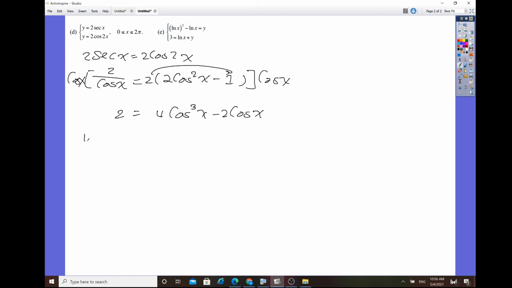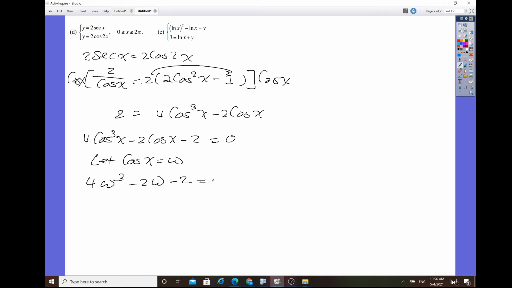Then bring everything together, so we have 4 cosine cubed x minus 2 cosine x minus 2 equals 0. As you can see, this one is nonlinear, a cubic trinomial. Let's replace cosine of x by w, so this is written as 4w to the power of 3 minus 2w minus 2 equals 0. It's non-factorable, so we use the p over q rational zero theorem.